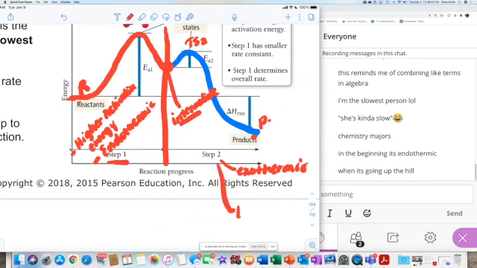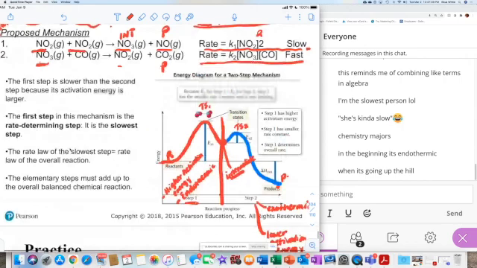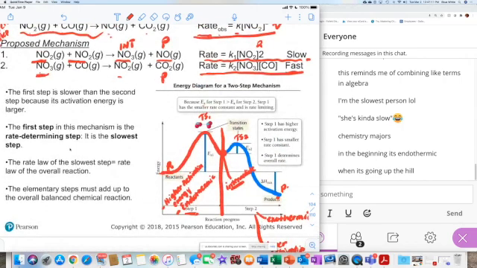And not only that, it has a lower activation energy. So step two goes by a lot faster because there's less barrier for it to overcome, right? That's why between the two, step two is fast, step one is slow. It takes a long time to overcome a larger barrier.